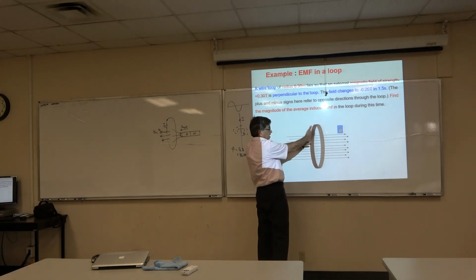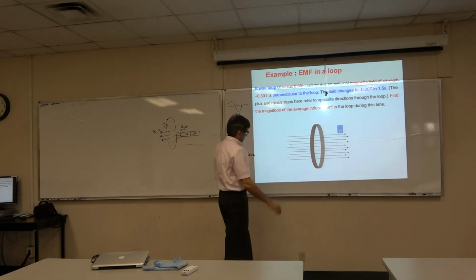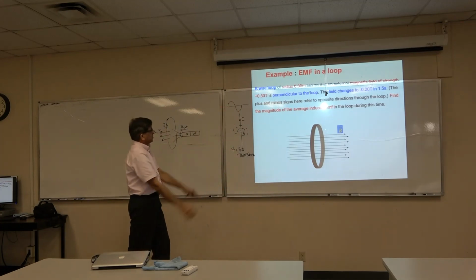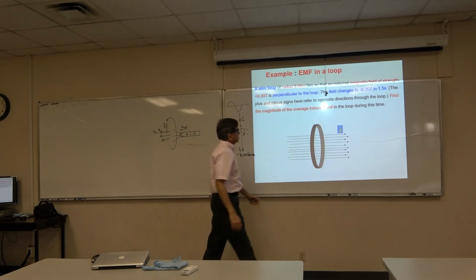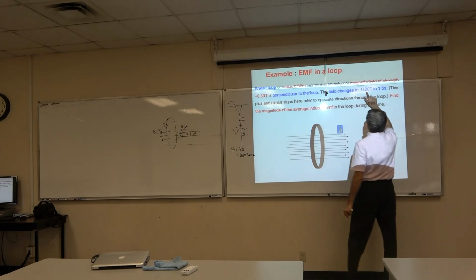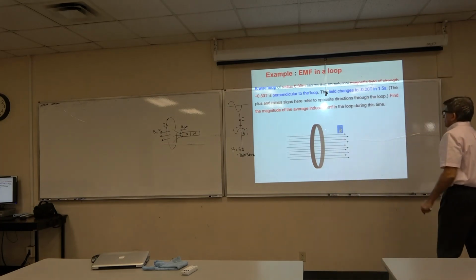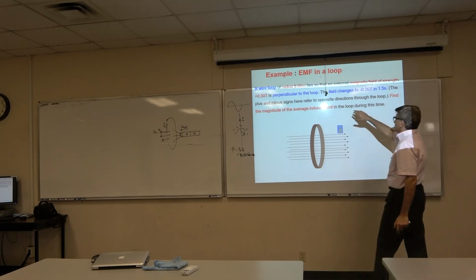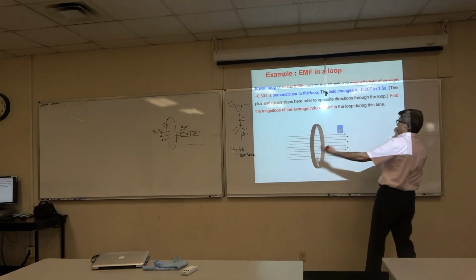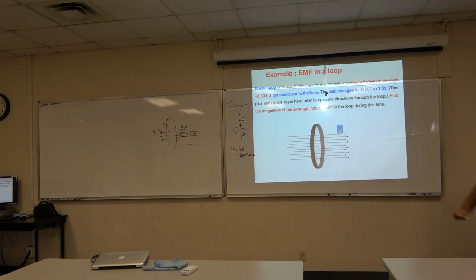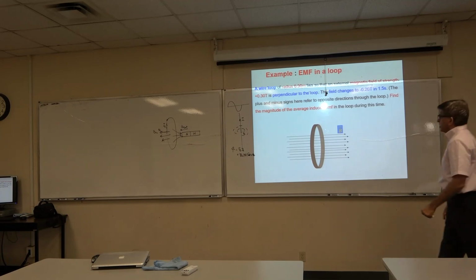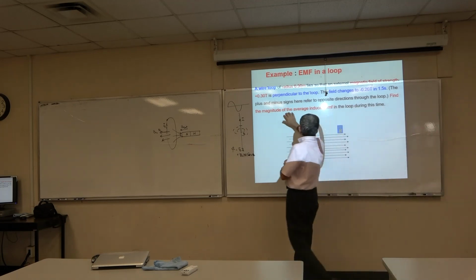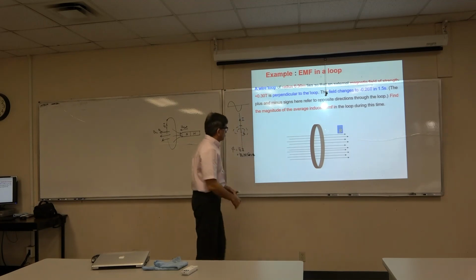Perpendicular to the loop means along the normal to the surface area of the loop. The field changes to minus 0.02 Tesla in 1.5 seconds. The plus and the minus signs here refer to the opposite direction of the magnetic field through the loop. Find the magnitude of the average induced EMF in the loop.